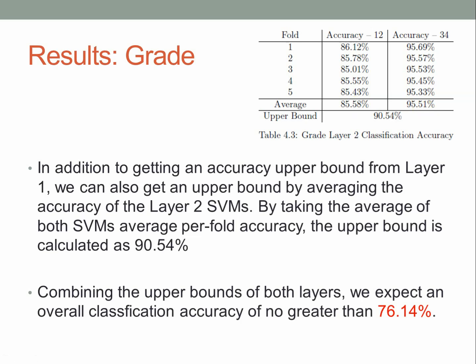So the average is about 90% in the second layer. And therefore, if we combine the accuracy of the first layer and the accuracy of the second layer, the prediction accuracy for 4-class classification is about 76%, which is considered pretty good because think about this.